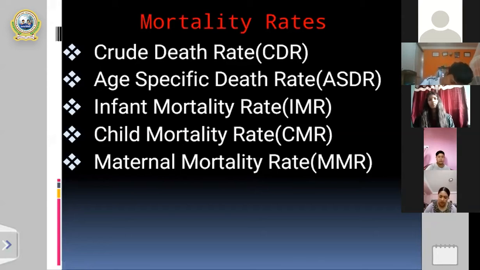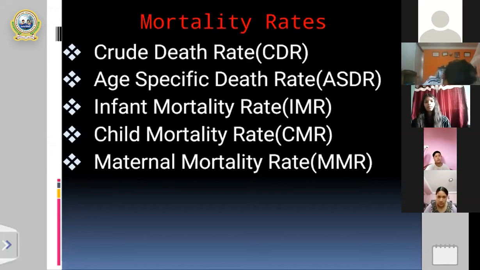The next way of mortality rate is infant mortality rate, short form IMR. The next way is CMR, child mortality rate. And finally, the last way to calculate the mortality rate is MMR, maternal mortality rate.